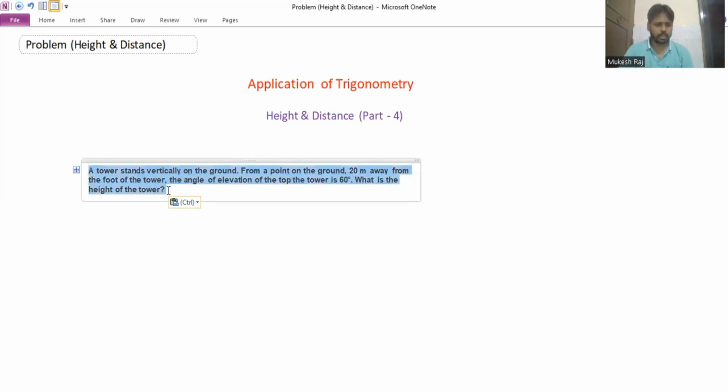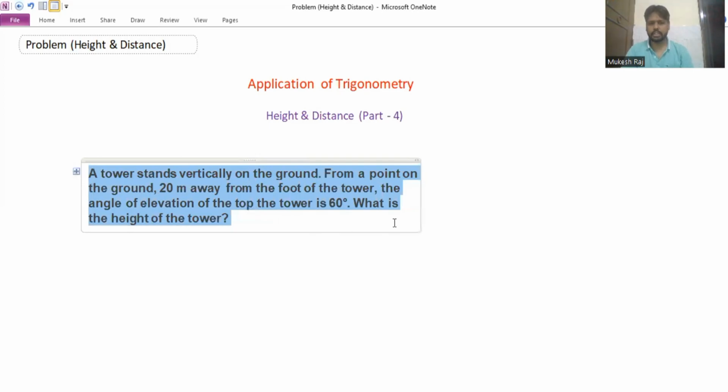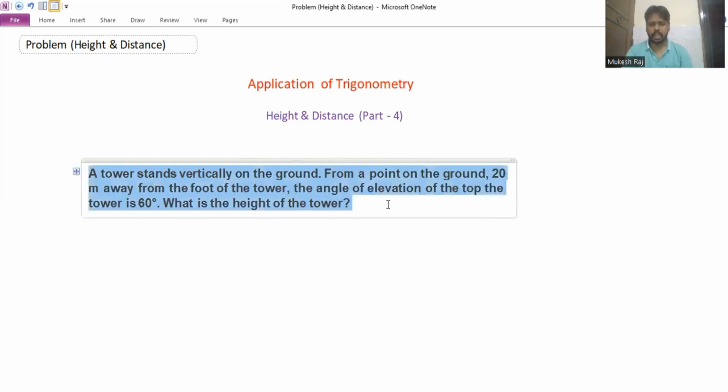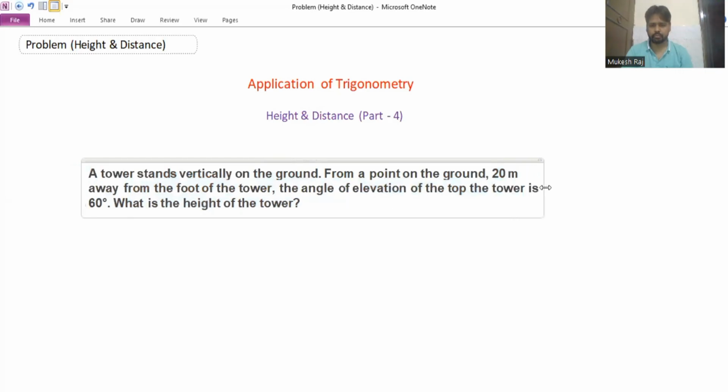The question is describing a tower that stands vertically upwards, and the angle of elevation is given as 60 degrees, and the distance of the point of elevation from the tower is given as 20 meters.